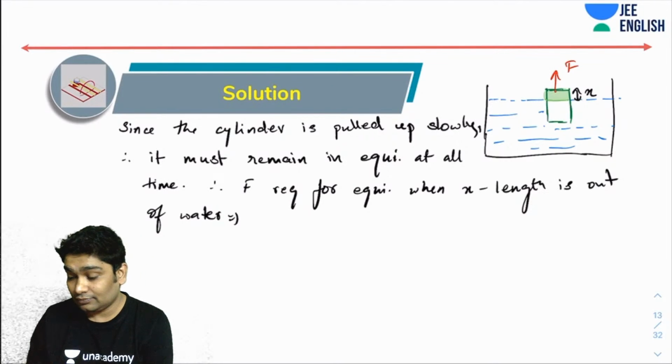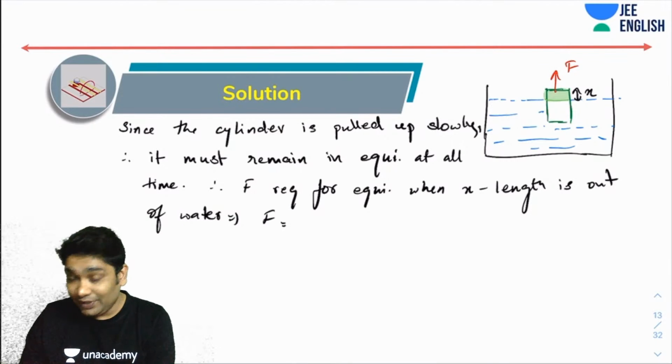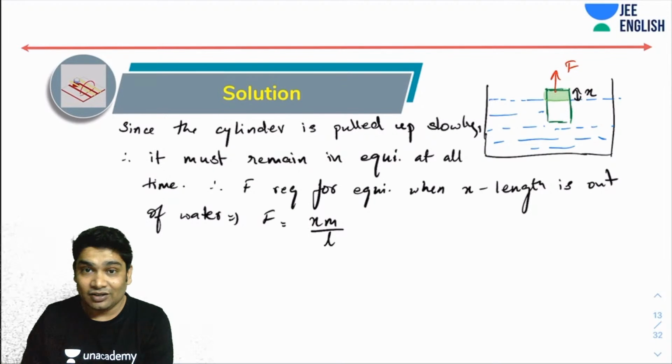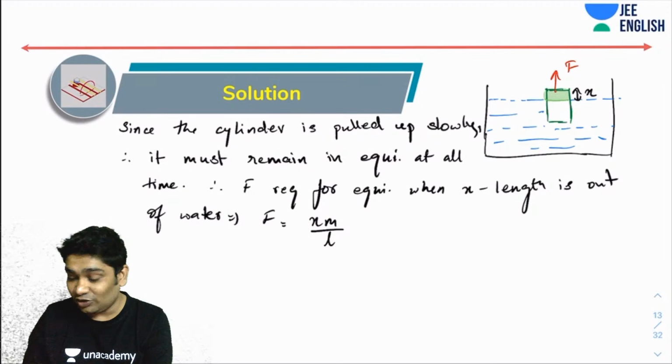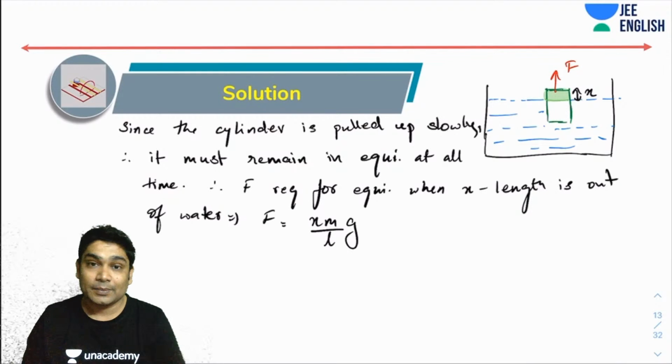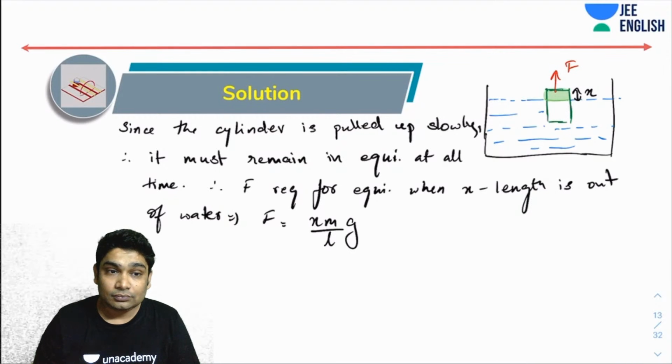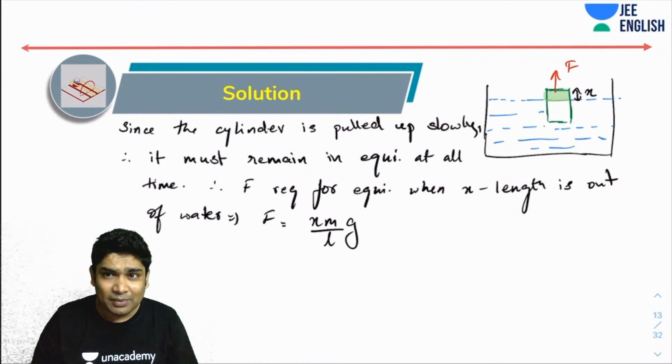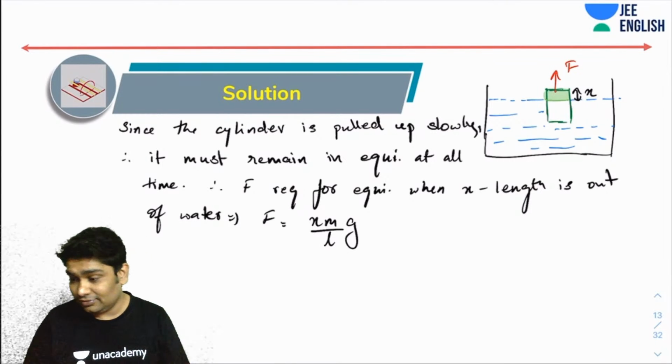Can I say F would be equal to xm by L, which is the mass of the x length of the cylinder, into g? Do you agree? How is equilibrium happening? What do you mean? Draw all the forces, no?